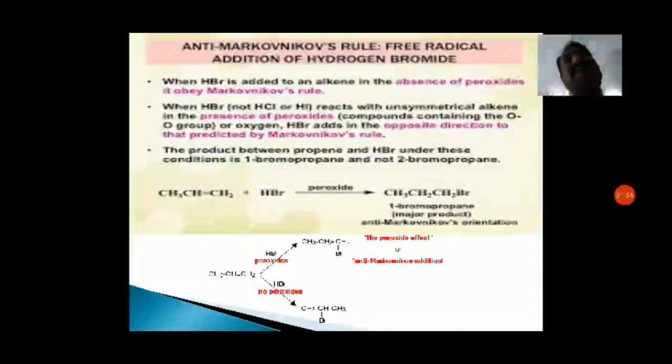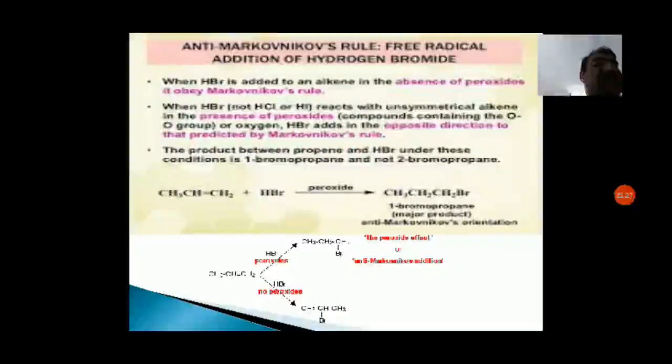If the same reaction is carried out in the presence of peroxide, then anti-Markovnikov's rule occurs. Anti-Markovnikov's rule means the negative part of the reagent goes to that carbon atom which contains a higher number of hydrogen atoms. Suppose we treat 1-propene with HBr in the presence of peroxide.